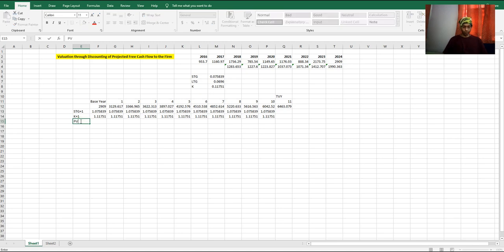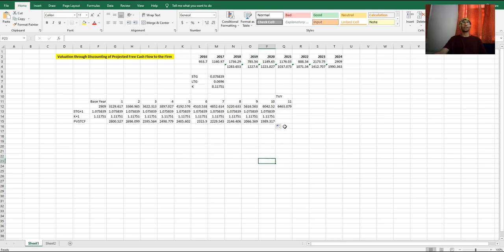Now the present value of the short-term cash flows is equal to cash flow divided by the discount factor, that is 1 plus the cost of capital, to the power of the time period, right? This is the present value. Similarly, we do this for every year for the next 10 years, and we have the numbers.